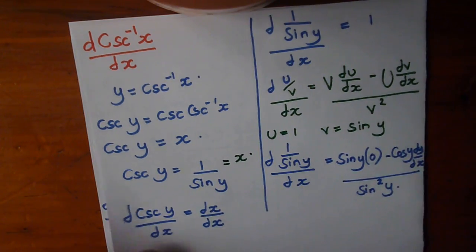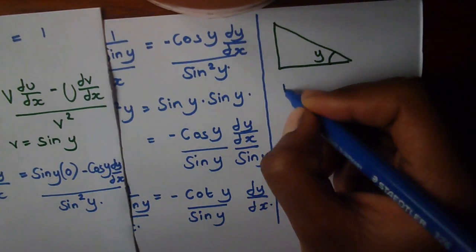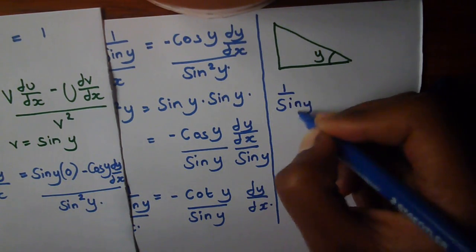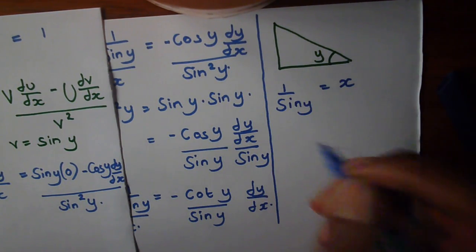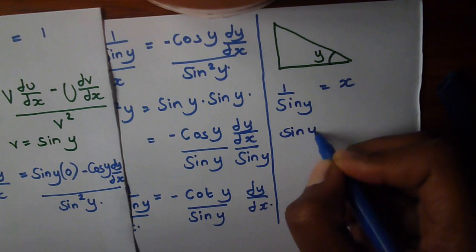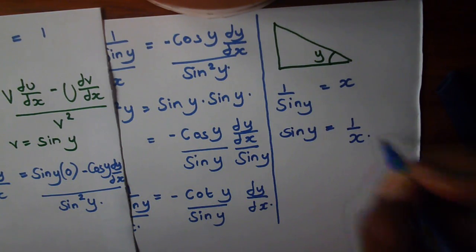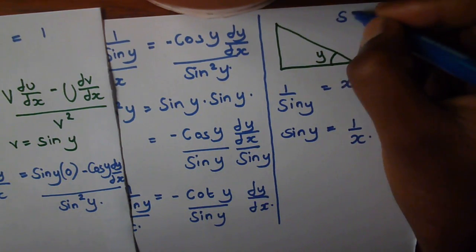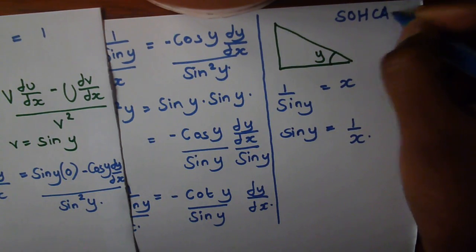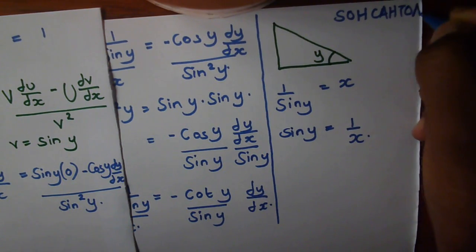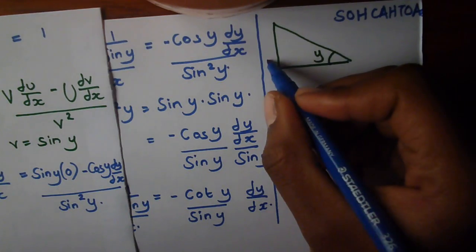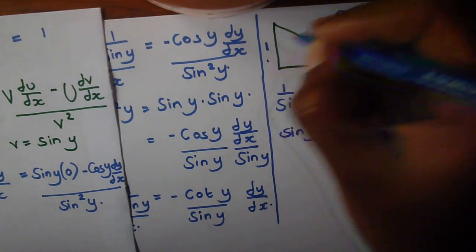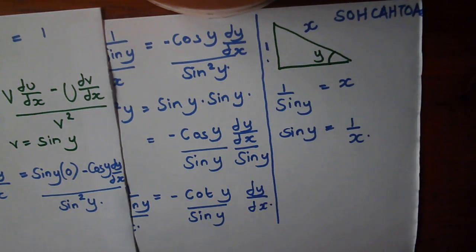If 1 over sine y equals x, then sine y is just 1 over x. From the identity SOHCAHTOA, sine is opposite over hypotenuse. So the opposite is 1, the hypotenuse is x.